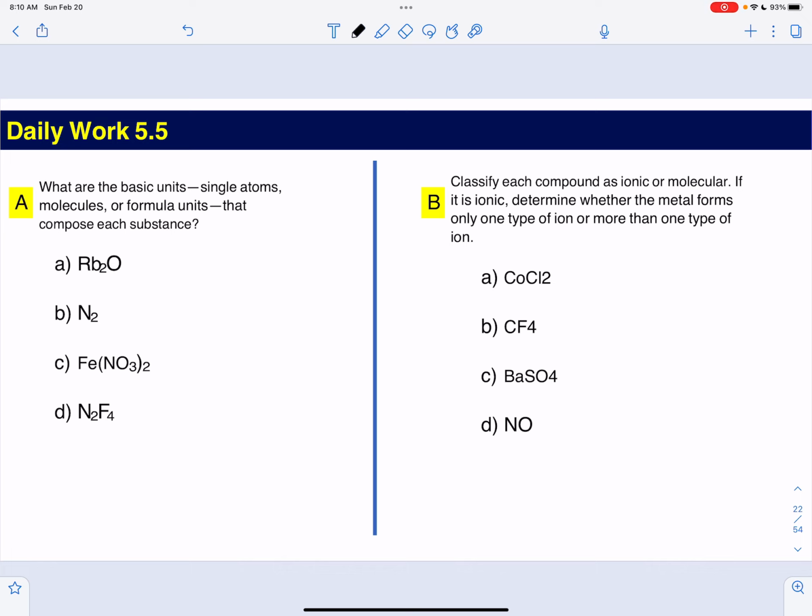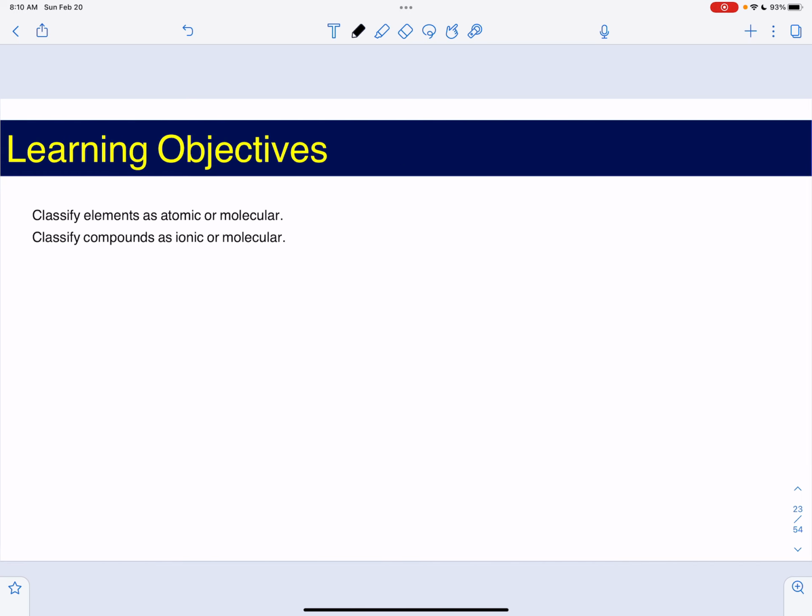Remember, determine first: is the compound ionic or molecular? By looking at the periodic table, and then from there, everything else falls into place. With that, I would say that you can now distinguish between a molecular element versus an atomic element.